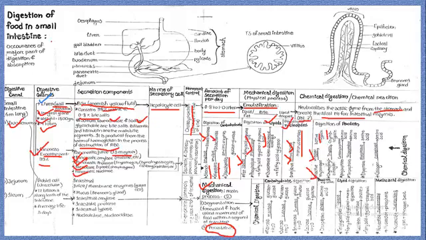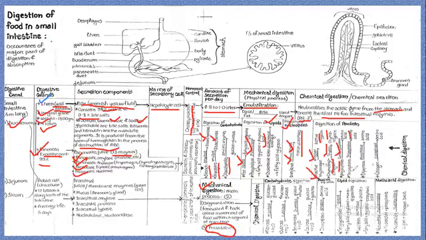Chymotrypsinogen is also inactive here, and that is activated by the trypsin, and the polypeptide, by the carboxypeptidase, is transferred into amino acid.